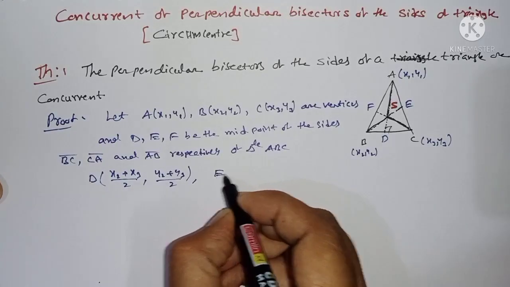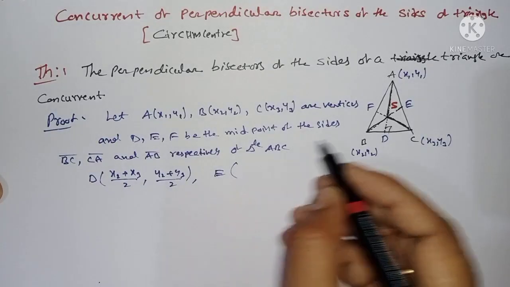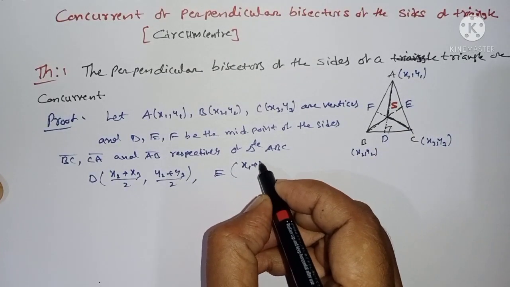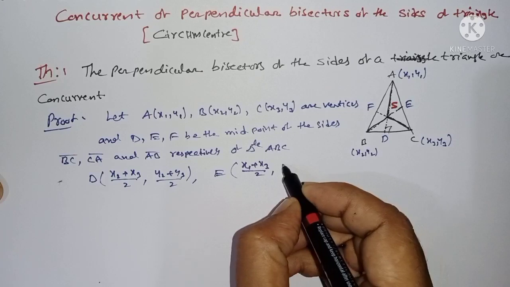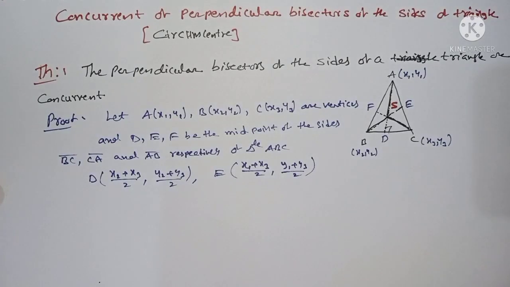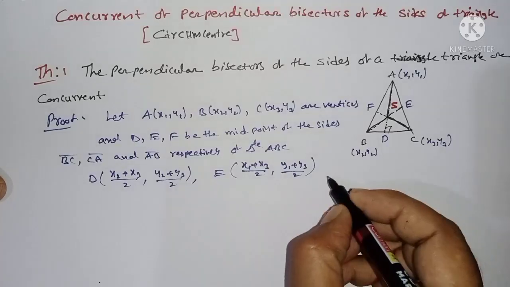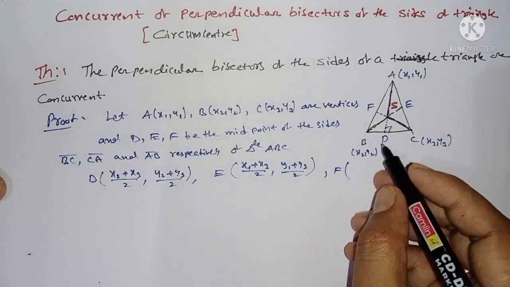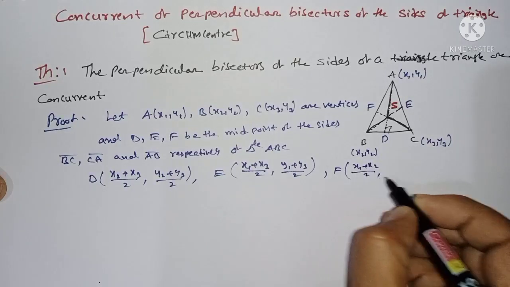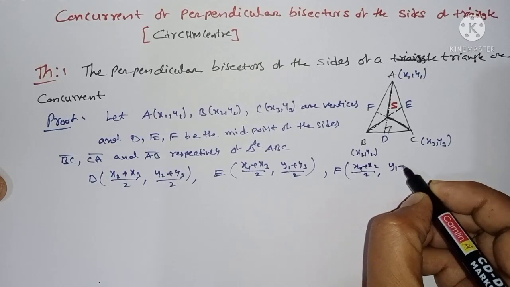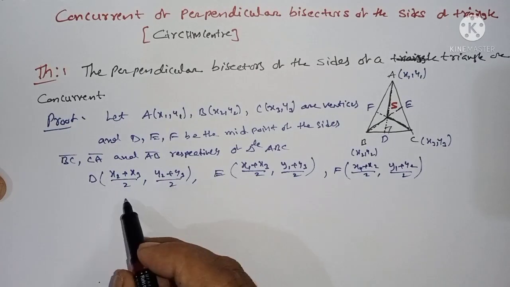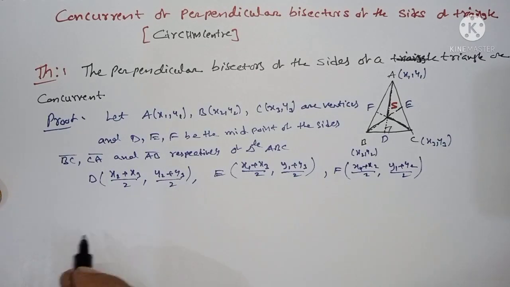Similarly, E is the midpoint of AC: ((x1 + x3)/2, (y1 + y3)/2). F is ((x1 + x2)/2, (y1 + y2)/2). These are the three points D, E, F.